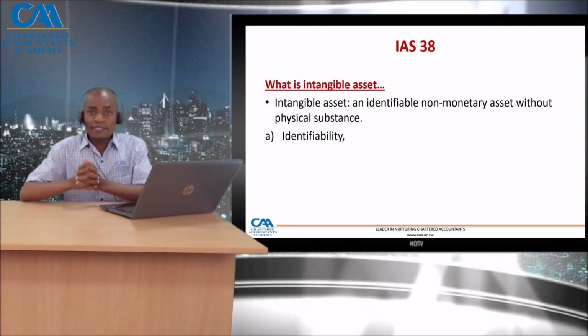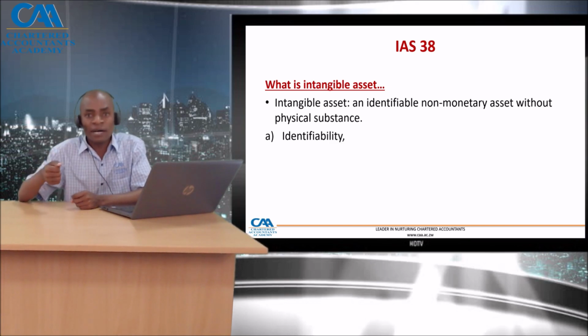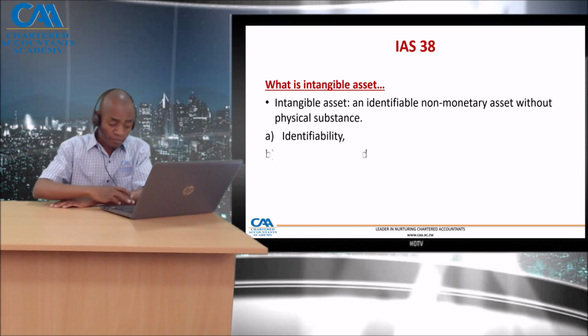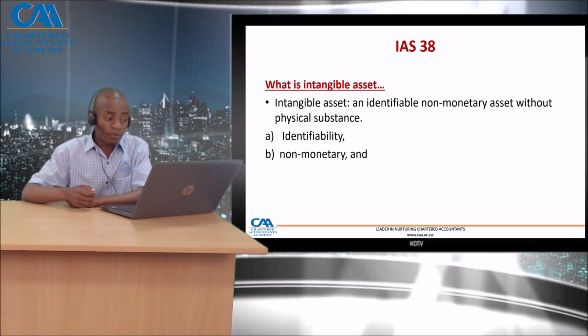An asset is regarded as identifiable if it is capable of being separated or transferred, or rendered to any other party, either individually or together with other intangible assets, or it might arise as a result of a contractual obligation despite the fact that the asset is not separable.